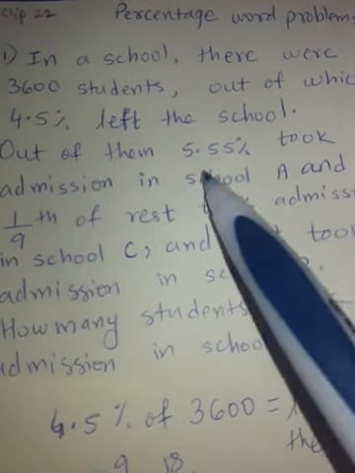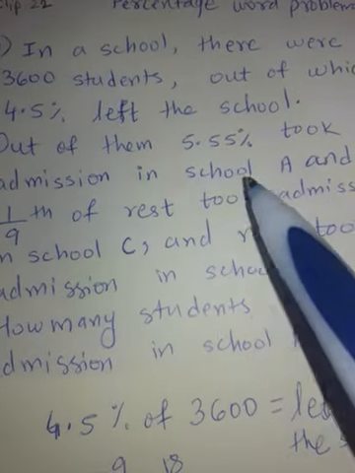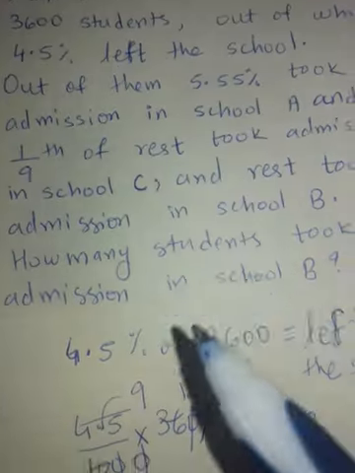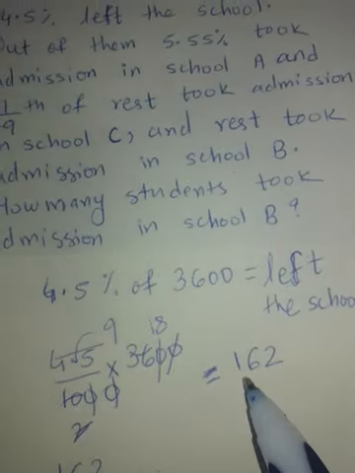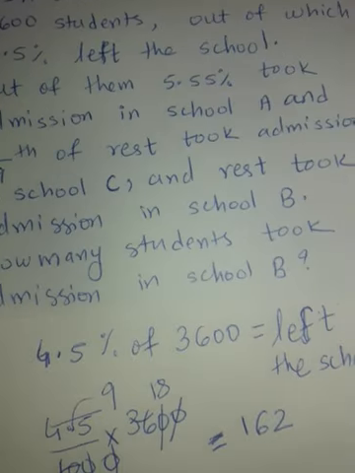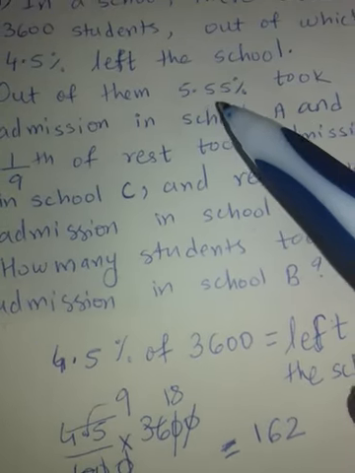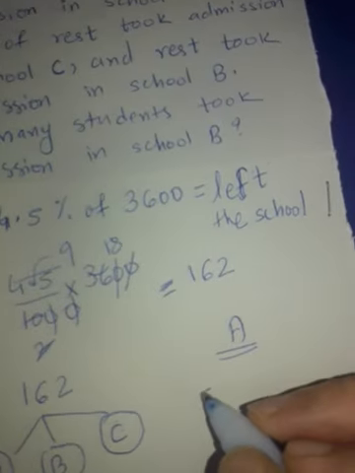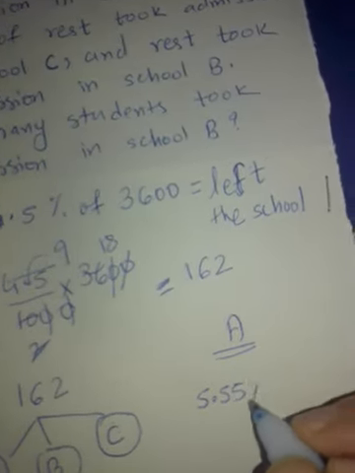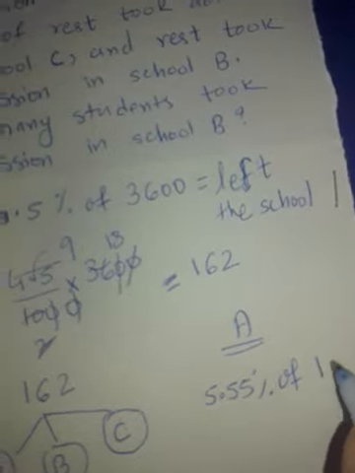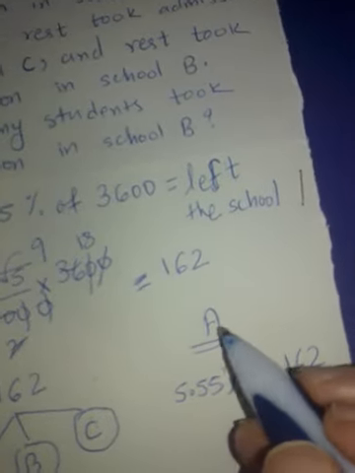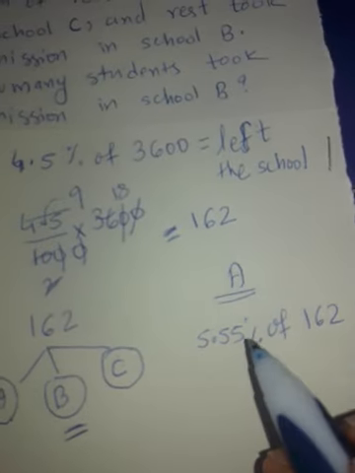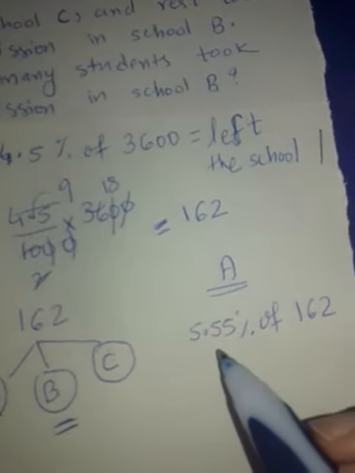Out of them, 5.55% took admission in school A. What is 4.5%, that we already found out? It is 162. So out of 162, 5.55% took admission in A. So let us find out 5.55% of 162. We are now concentrating on the number of students in school A.